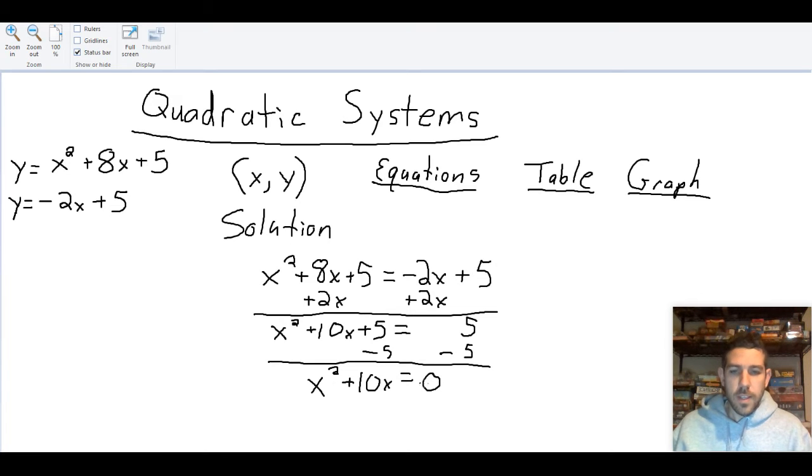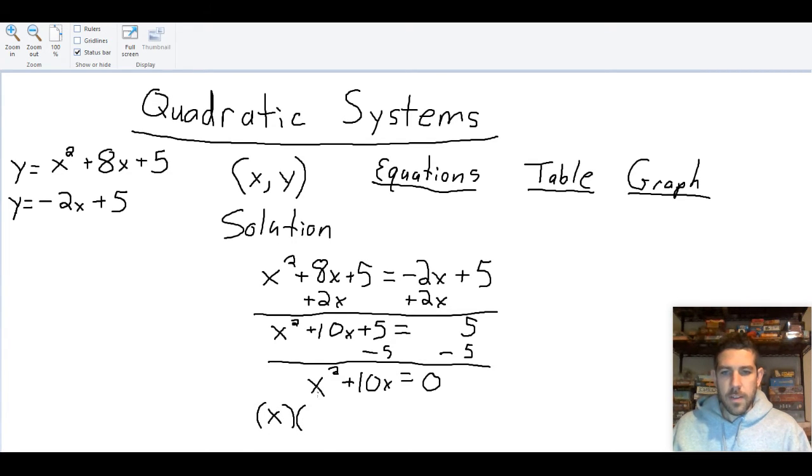Now that my quadratic equation is set equal to 0, I can solve it a number of ways, with the quadratic formula or completing the square. In this case, I think the easiest way would just be to factor. You see there's an x squared and x. I'm going to factor out a GCF of x. I can divide both of these terms by x, meaning x will be one of my factors.